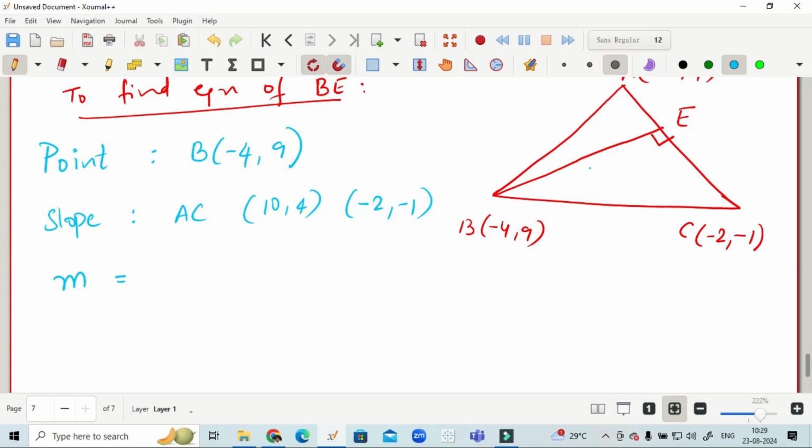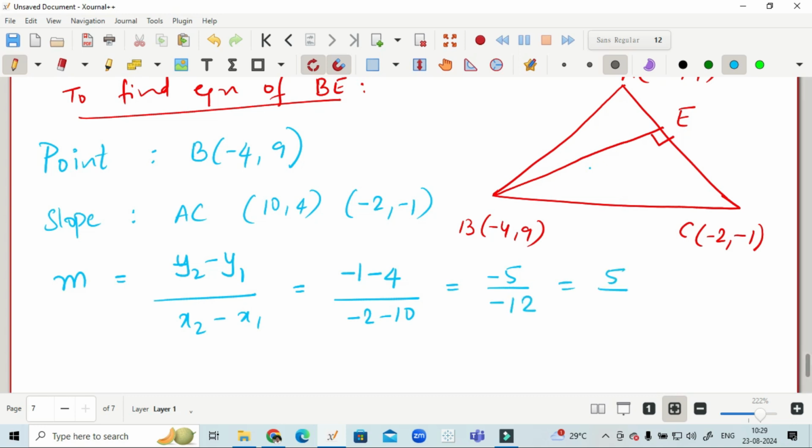Slope is equal to y2 minus y1 by x2 minus x1, which is equal to minus 1 minus 4 by minus 2 minus 10, which implies minus 5 by minus 12. So 5 by 12 is the slope.